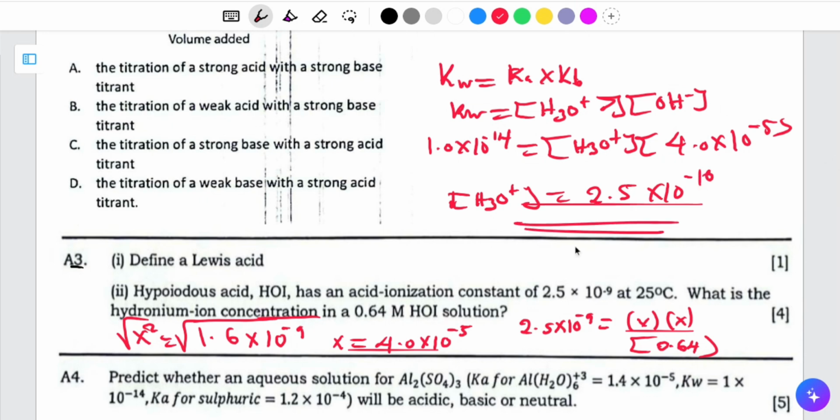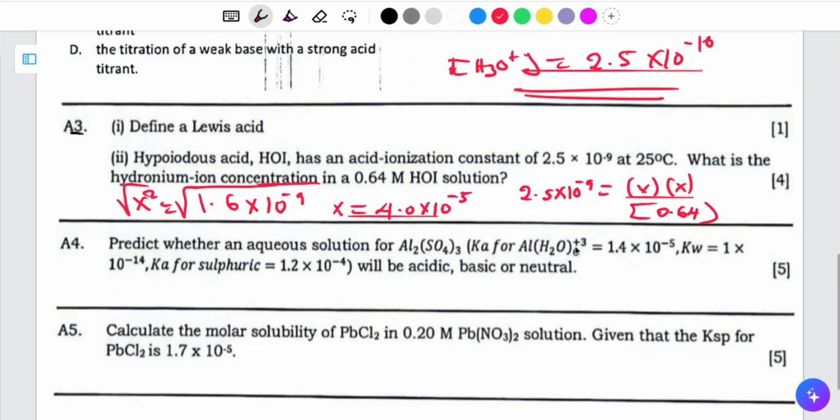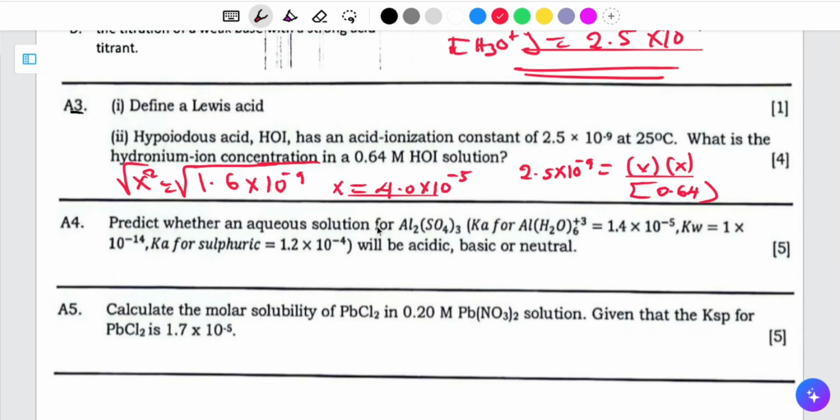Okay, then the next one is saying predict whether an aqueous solution of aluminium sulfate, where the Ka for hydrated aluminium is this one and Kw is this one, and the Ka of sulfuric acid is 1.2 multiplied by 10 to the power negative 4, will be acidic, basic, or neutral.